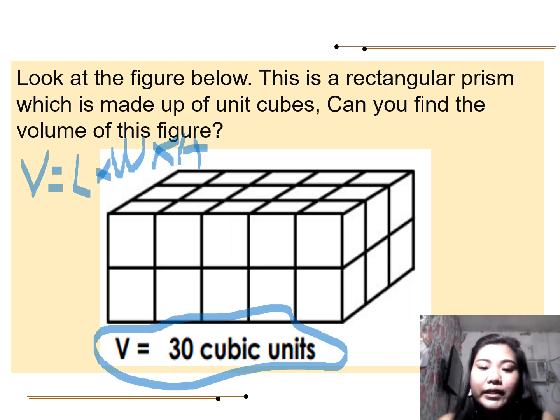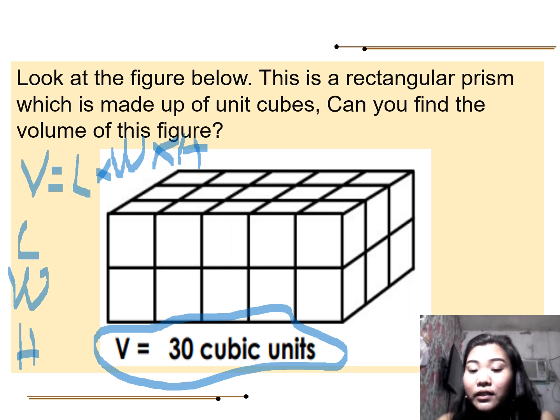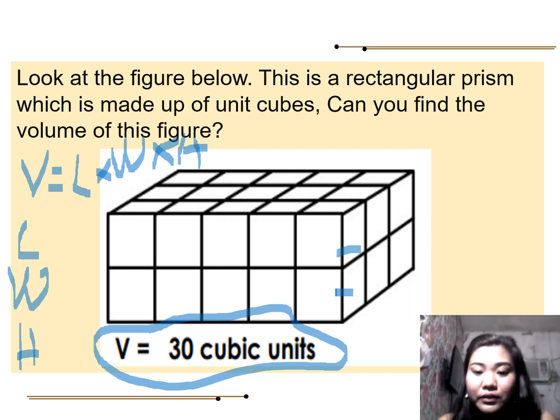So, in finding the length, width, and height, let's count. How many cubes does it have in height, the taas niya? There is one, there are two. So we have 2 counts in height.